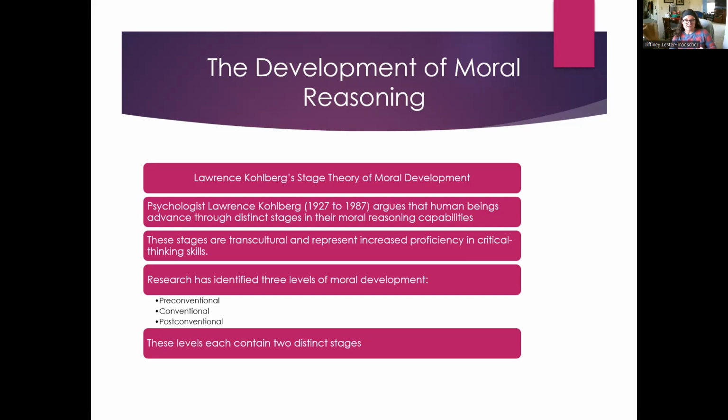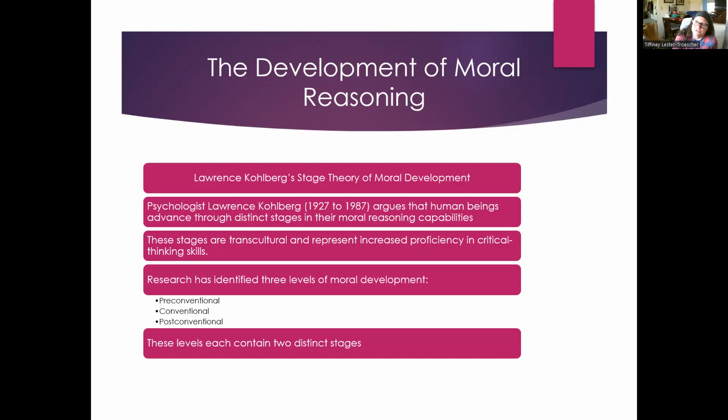And they represent increased efficiency and proficiency in critical thinking skills. Right? So our stages of moral development are that positive correlation in critical thinking skills. So the higher we get in these stages of moral development, we also see an increase in critical thinking skills.